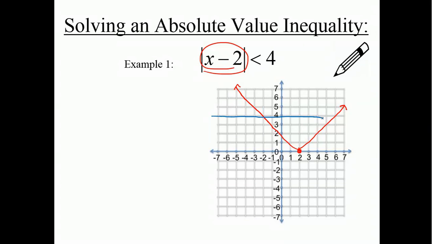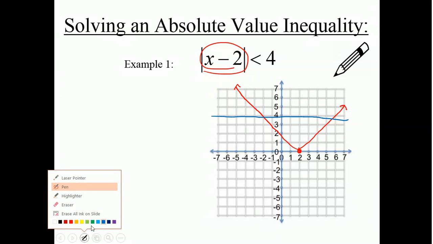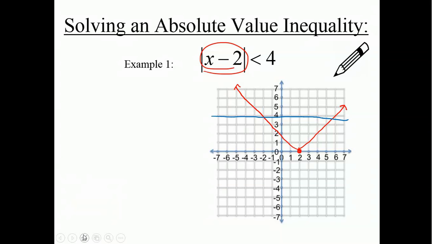Or no, less than 4. So I'm going to draw it at 4. So where is my red line below, or less than, 4? So basically it's kind of like what we did that time when we looked at where is f of x smaller than g of x. Well, basically I'm asking where is the red below the blue? So if we highlight it here, it looks like I'm below right here, right?